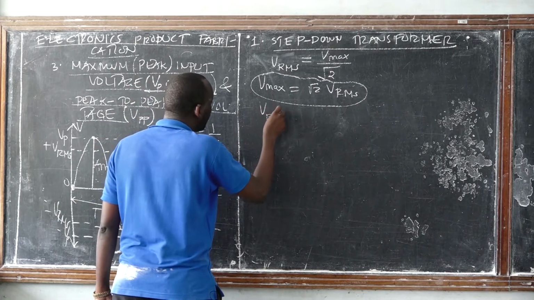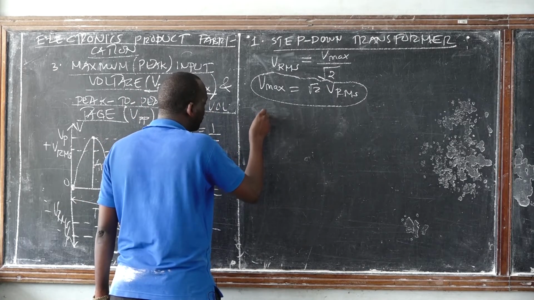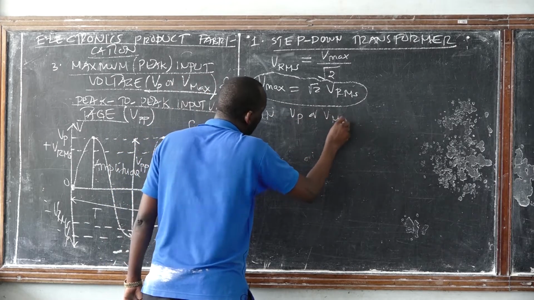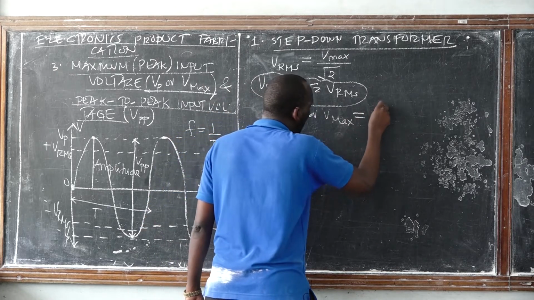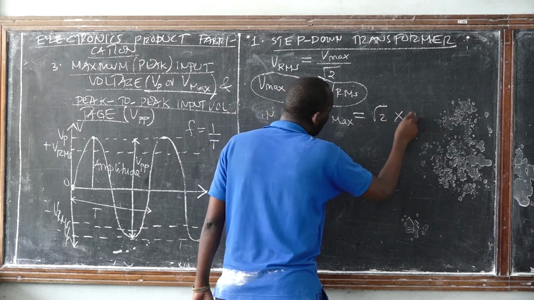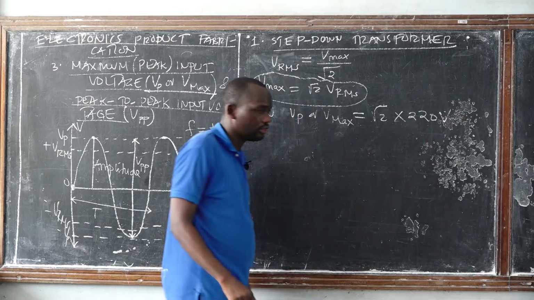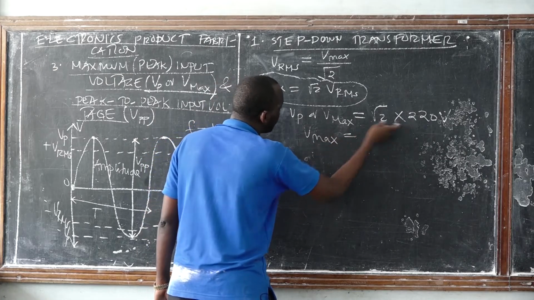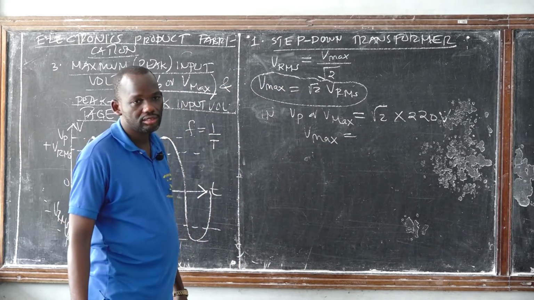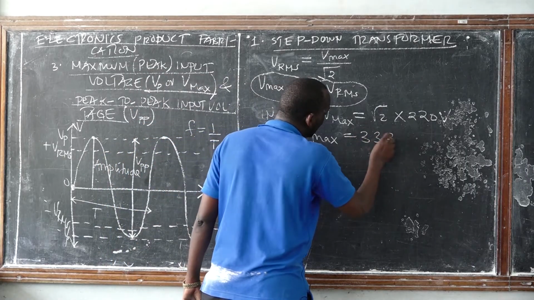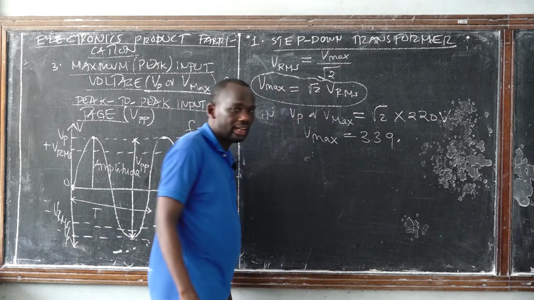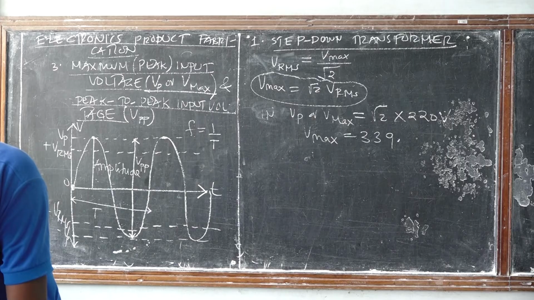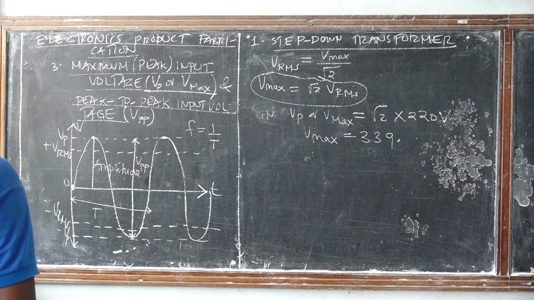So now, if you want to know the input V peak, or V maximum, we just multiply by square root of 2. Let us take 220 volts. So V maximum or V peak, what can you get after you compute? 311.12. And square root of 2, Kankesha, is equal to what? 1.4.